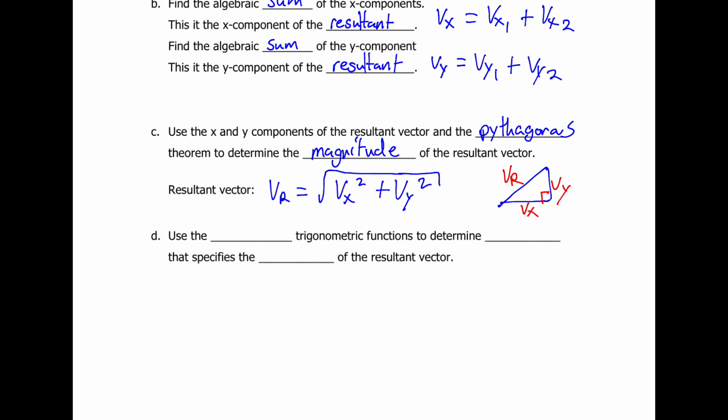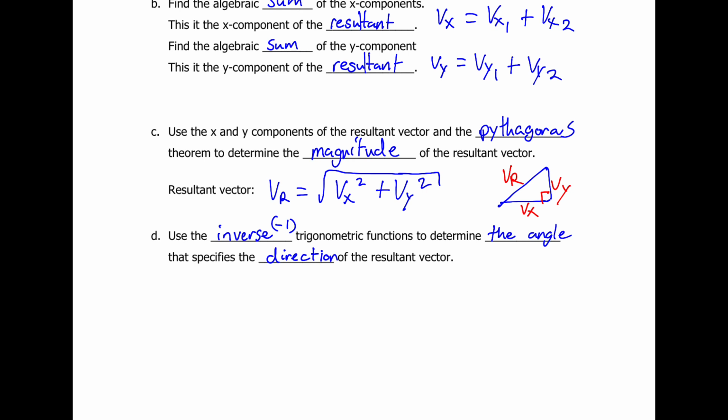The next thing we're going to do is the inverse. I think I'm just going to start powering through this because I think it'll make more sense once we try one. Inverse, which looks like this if you're using your calculators. The inverse trig functions to determine the angle, which specifies the direction of the vector.